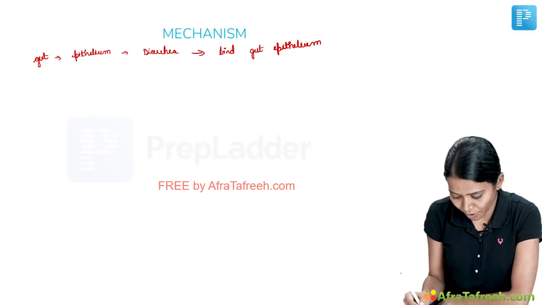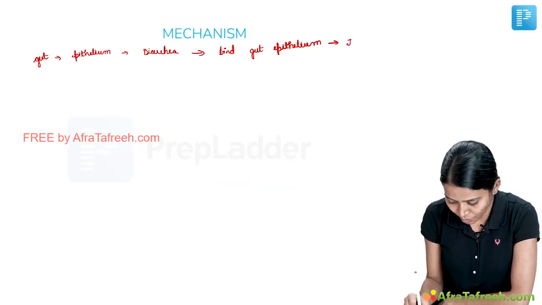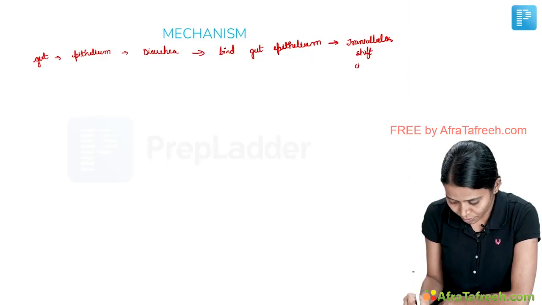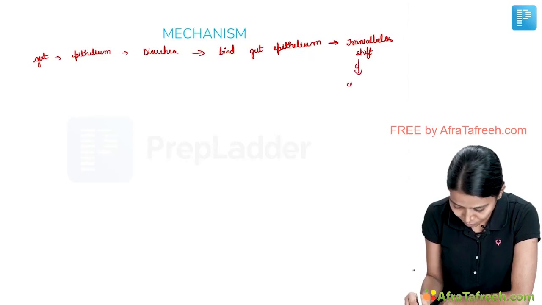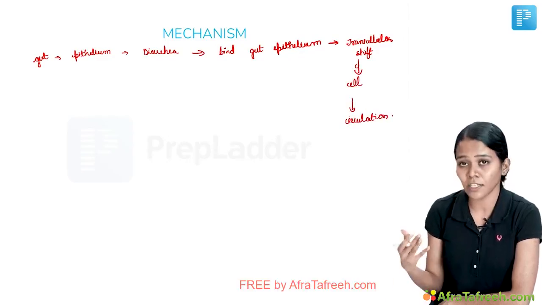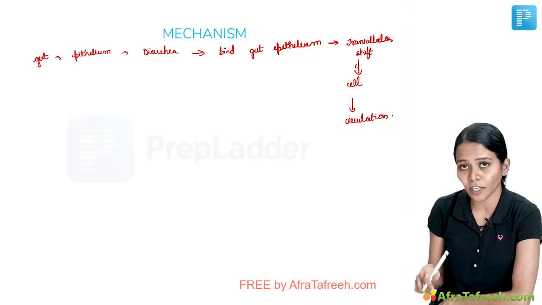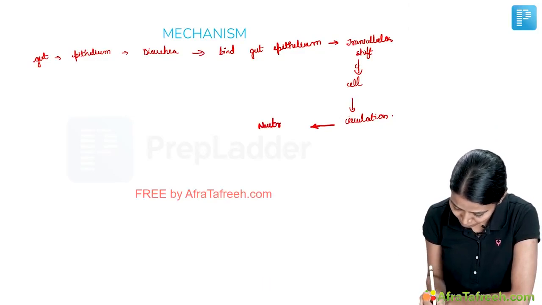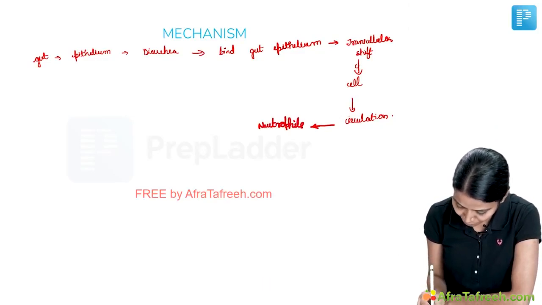Once it binds to the gut epithelium, it undergoes transcellular shift into the cell and to the circulation. Okay. So, in the cell it is going to release this Shiga toxin, right? The toxin is going to get accumulated in the circulation. Once the toxin is in the circulation, it is going to bind to neutrophils that are present in the blood.